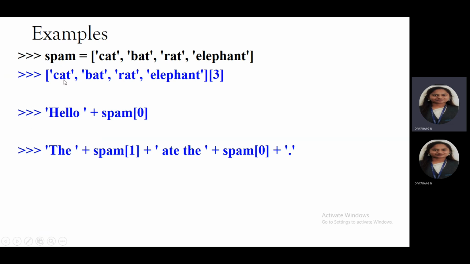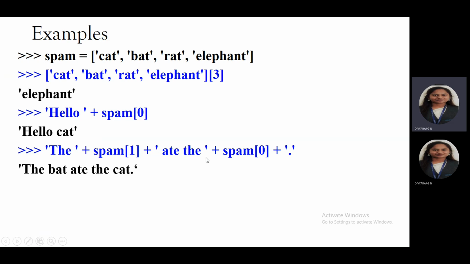There's a simple example here. If you execute the last statement, the spam of 1 and the spam of 0, and I'm using a plus here. Plus means a concatenation operator here. So what is spam of 1? Any guesses?